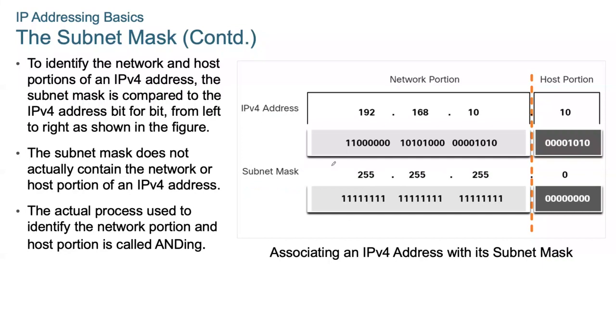How? By doing the logical AND operation, from left to right. When you do the logical ANDing of the host address with the subnet mask, you get the network portion of the device.